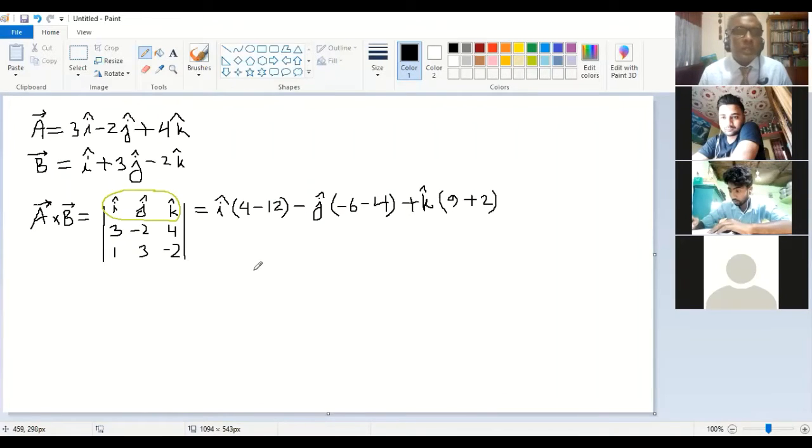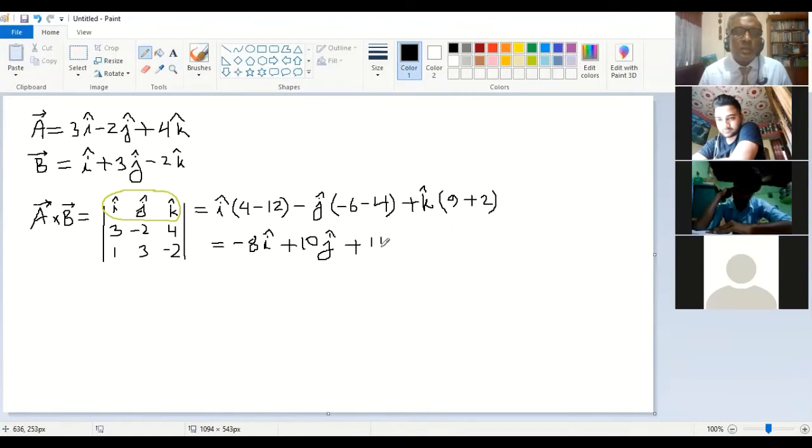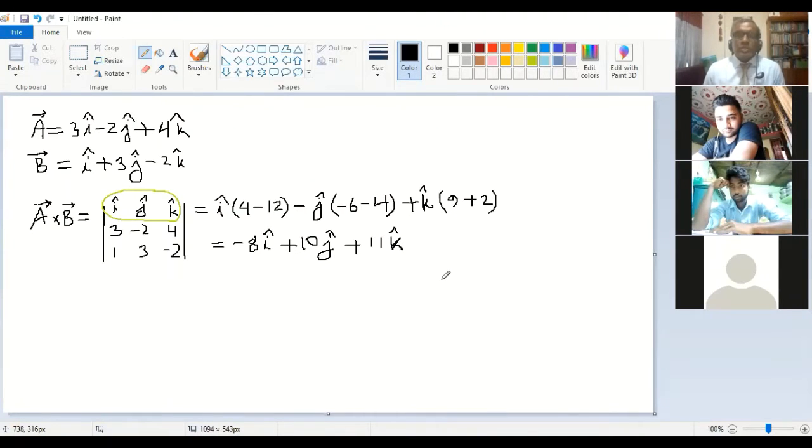Finally it will come like minus 8i, plus 10j, plus 11k. So this will be the cross product, and it is a vector.